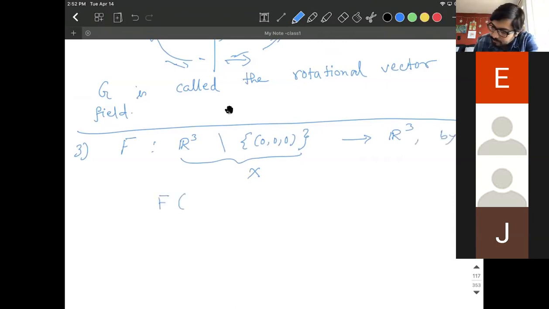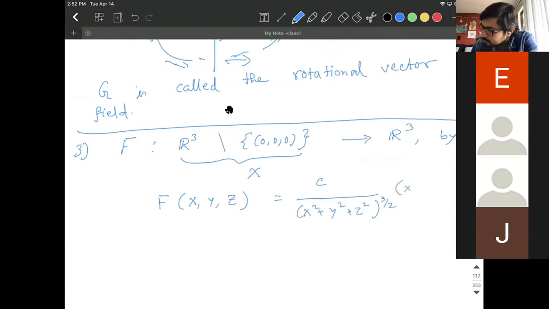So F of (X, Y, Z) is equal to C over (X squared plus Y squared plus Z squared) to the three over two times the vector.